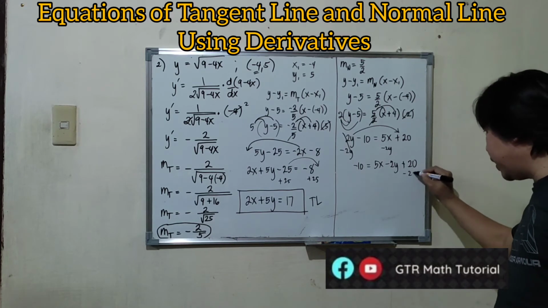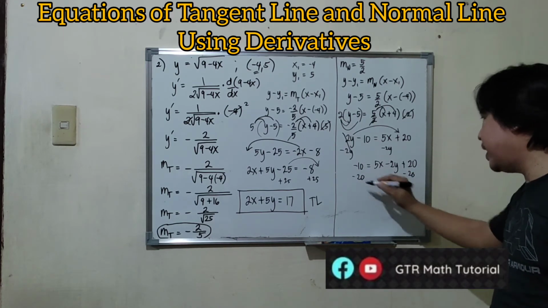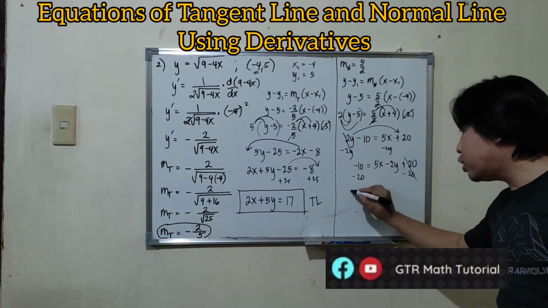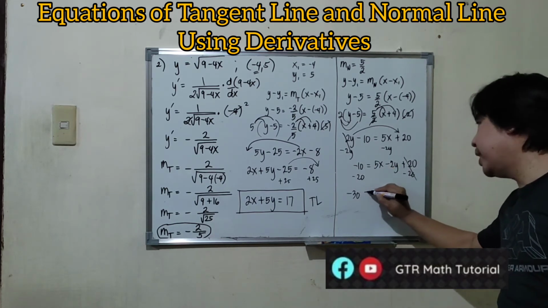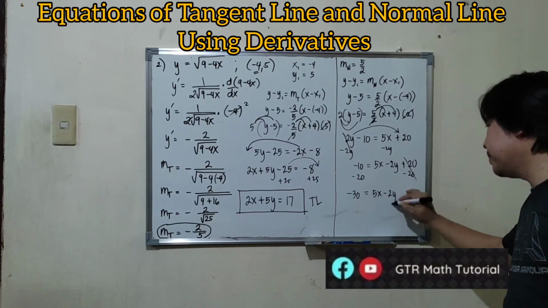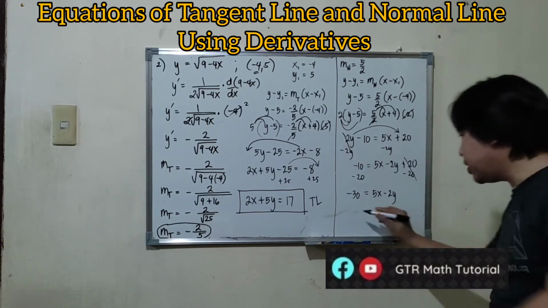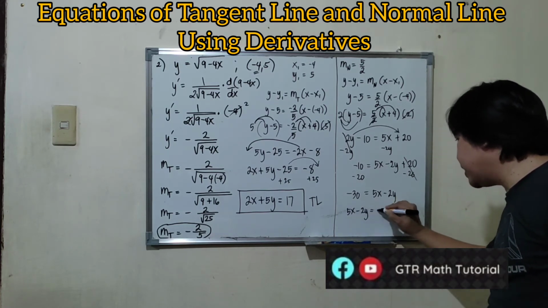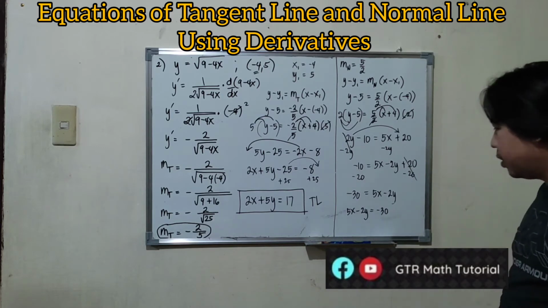So subtract 20, opposite lagi. So subtract 20. Okay, so cancel out 20. So negative 10 minus 20 is negative 30. Equals, just copy 5x minus 2y. So by symmetric property, we can interchange. So 5x minus 2y equals negative 30.